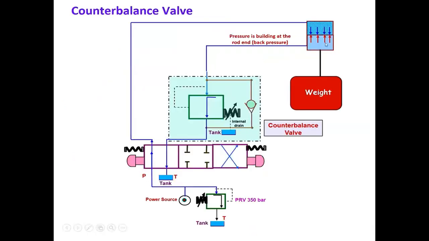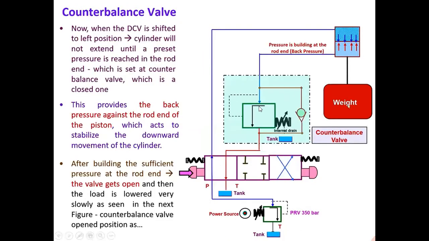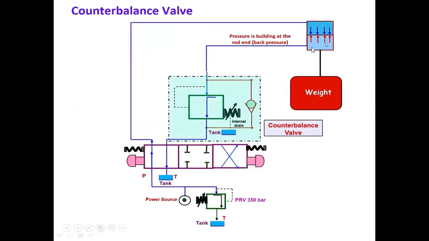This is the counterbalance valve in open position, and here the counterbalance valve in closed position. That's why sufficient pressure is created here. After creating sufficient pressure, this valve opens, meaning the liquid goes from here to the tank. In the next figure, we can see this counterbalance valve is open and liquid goes to the tank.